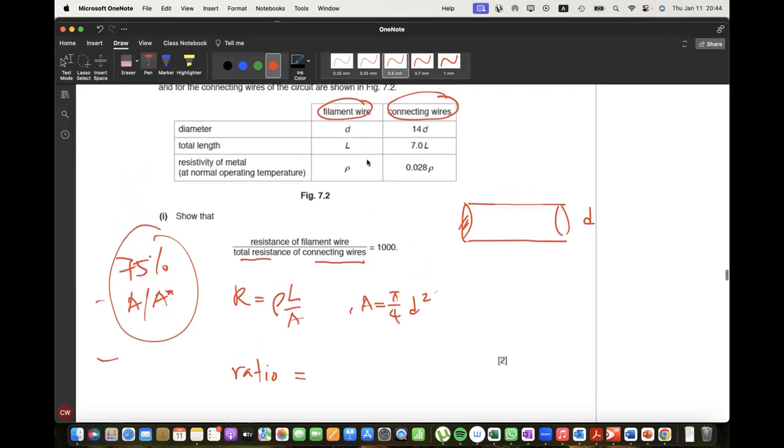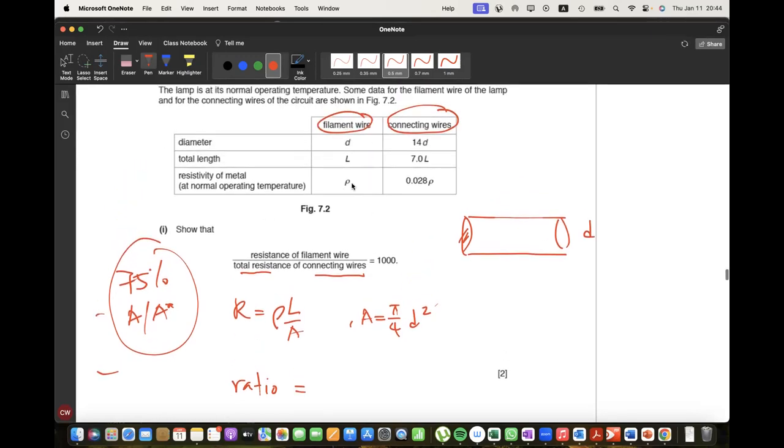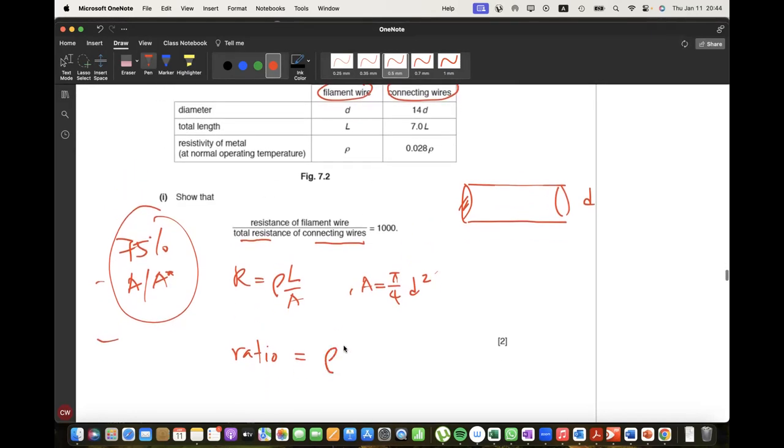Filament. This is the first one, filament. R equals rho L over A. For A, you have to use pi over 4 d squared. Divided by the other one. What is the other one? Rho changes to this number. L times 7. A is pi over 4, 14 d squared.